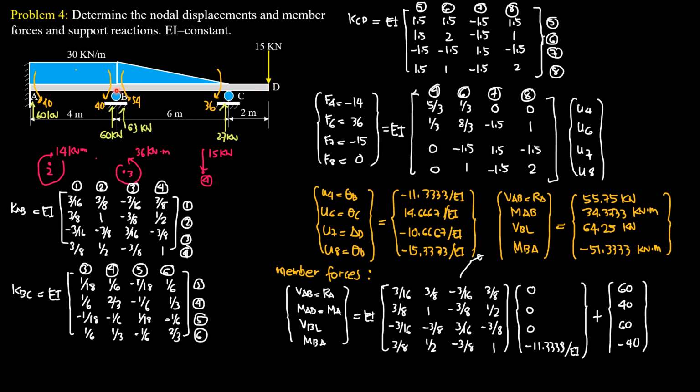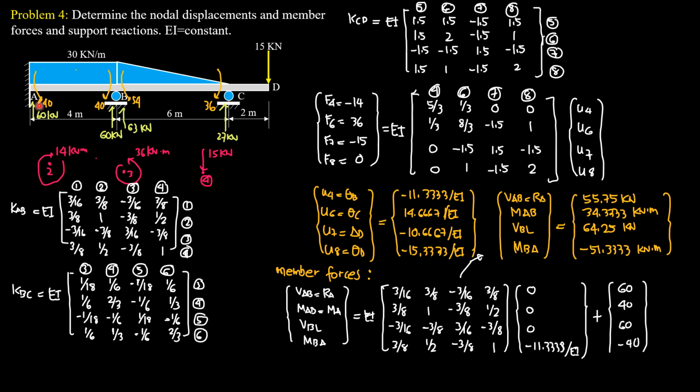The numbering would be U4, U6, U7 and U8. U4 is theta B, U6 is theta C, U7 is delta D, U8 is theta D.